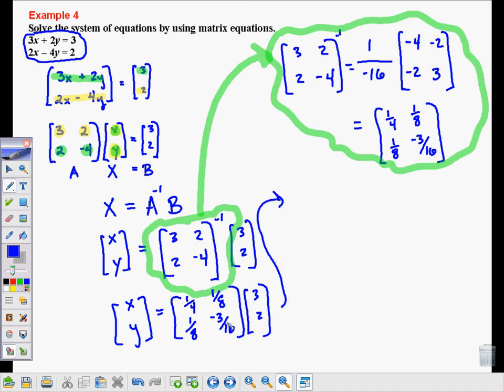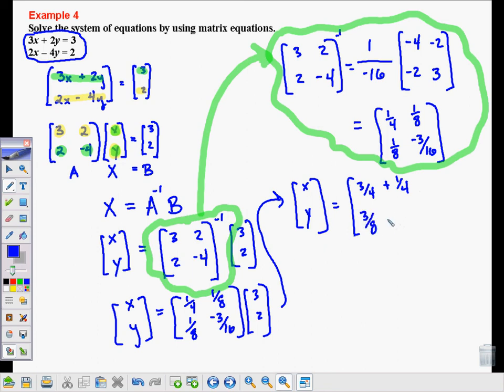I need to now multiply those two matrices, which we've done before in class. So I'm going to multiply those out. 1/4 times 3 is 3/4, plus 1/8 times 2 is a 4th. 1/8 times 3 is 3/8.